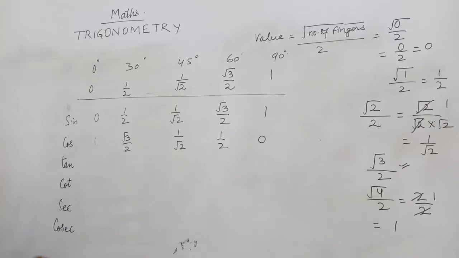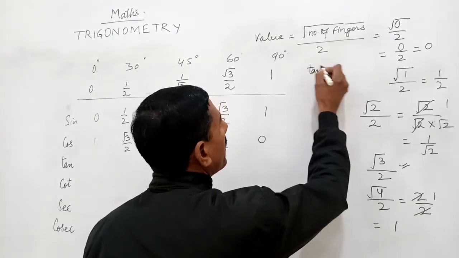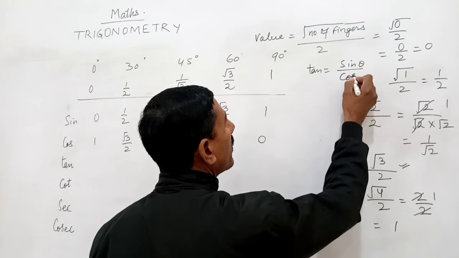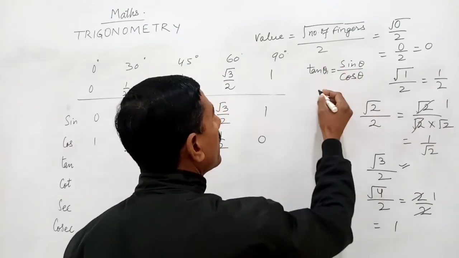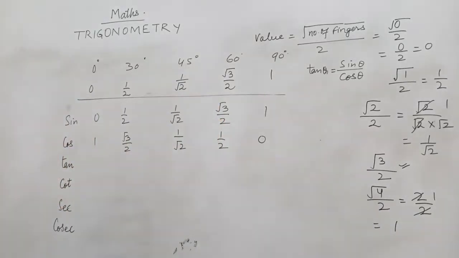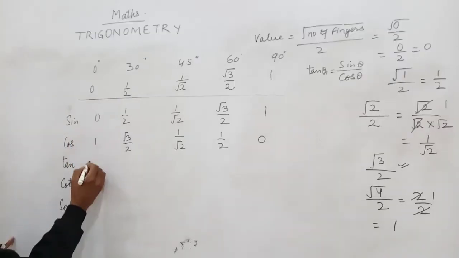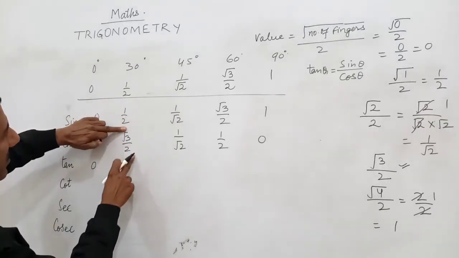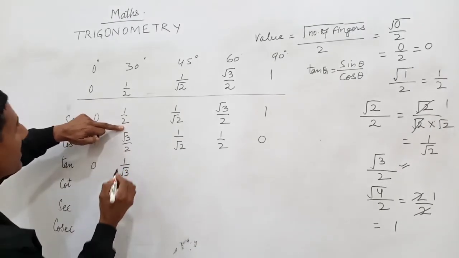Again, how do we find tan? Tan is equal to sine upon cos. It means 0 divided by 1, and 0 divided by 1 gives 0. 1 upon 2 divided by root 3 upon 2, the 2 cancels, 1 upon root 3 will be tan 30.